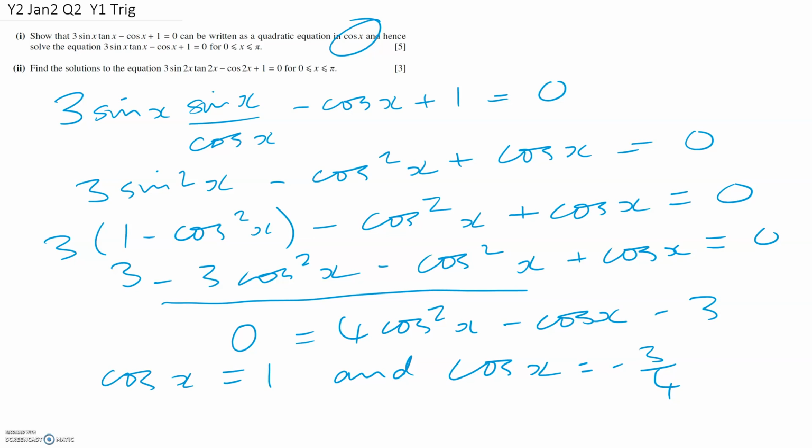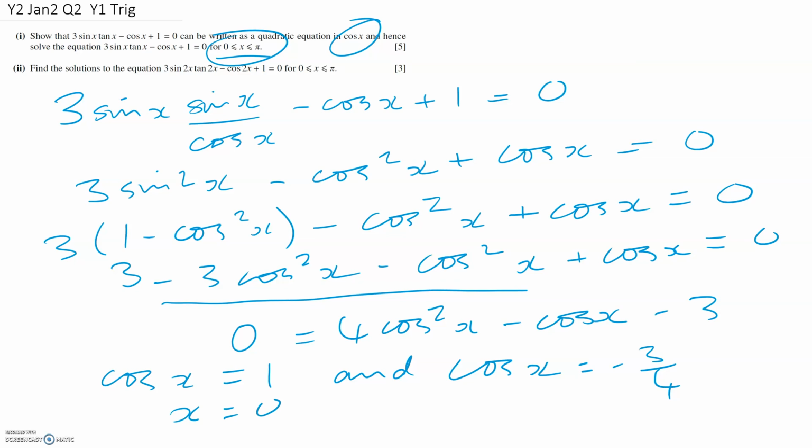We now need to solve those two equations. If we just do inverse cos, make sure your calculator is in radians. There's a pi in the question there, so we know we need to be in radians. If we do inverse cos of 1, we're going to get x equals 0.